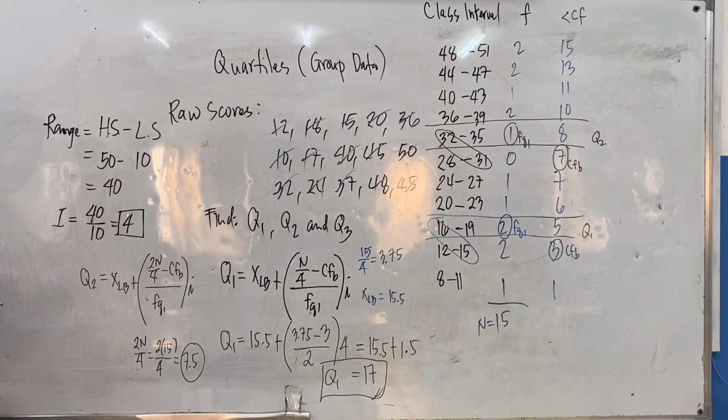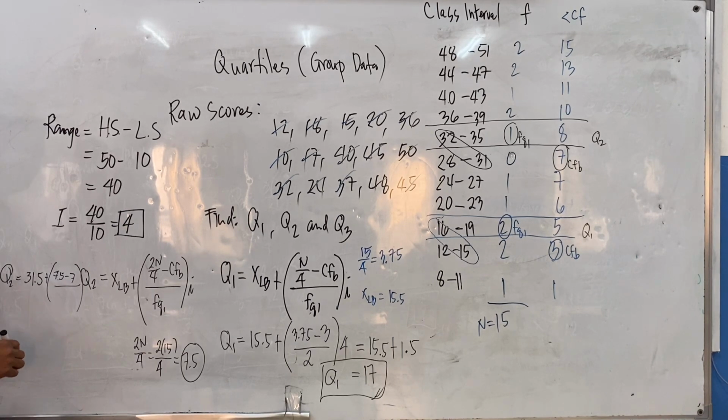So we have now Q2 is equals to XLB 31.5, then plus we have now 7.5 minus 7, and then over how many?